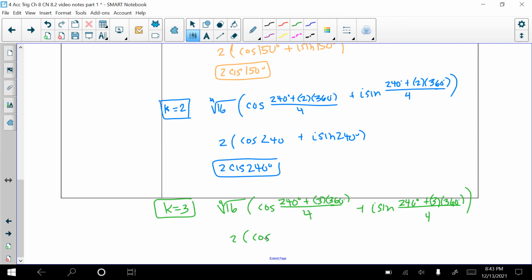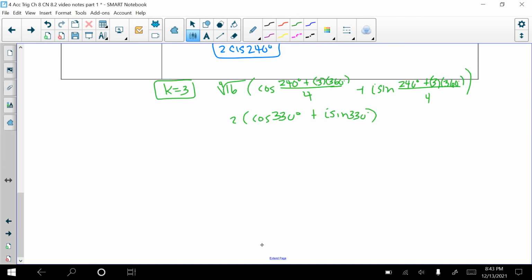Divide that by 4, and you should get 330 degrees out of that. Of course, that's plus I times sine of 330 degrees as well. And shrinking it a little more, one last time, 2 cis 330 degrees.